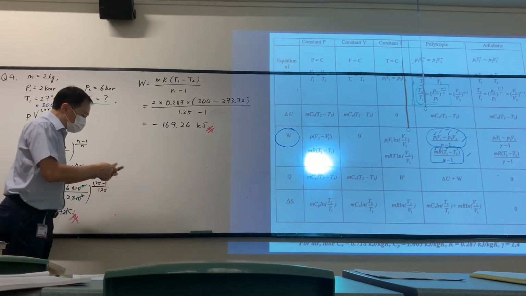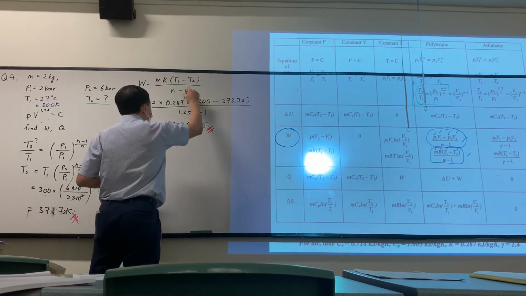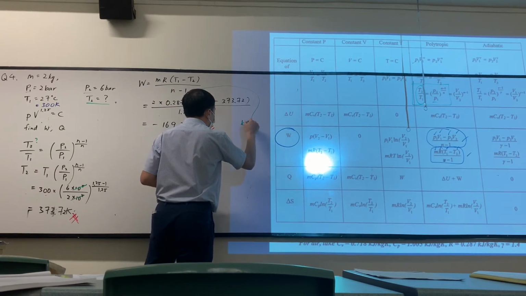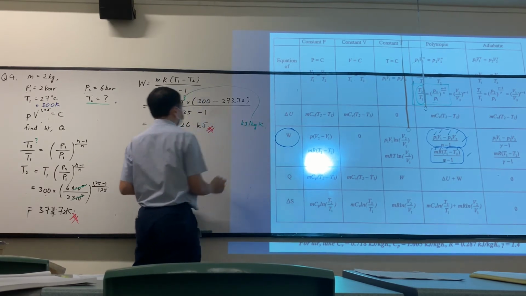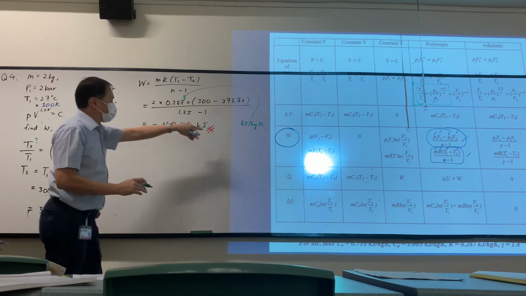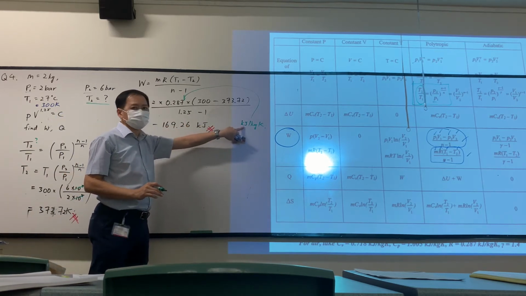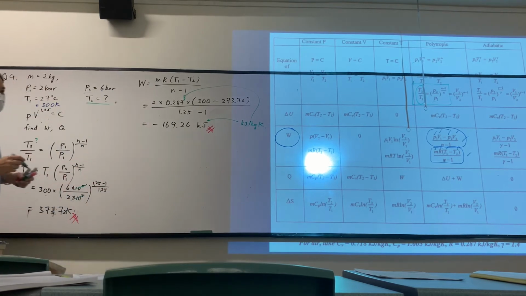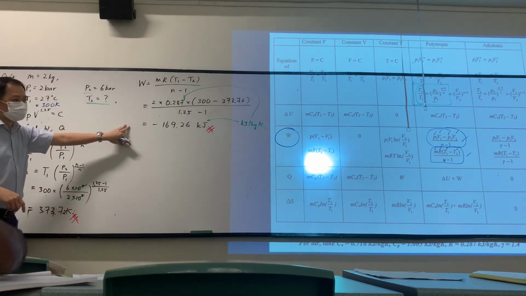Why kilojoule? Because this R is in kilojoule per kilogram K. So after multiplying, everything cancels, the only thing left behind is kilojoule. So you have your W.